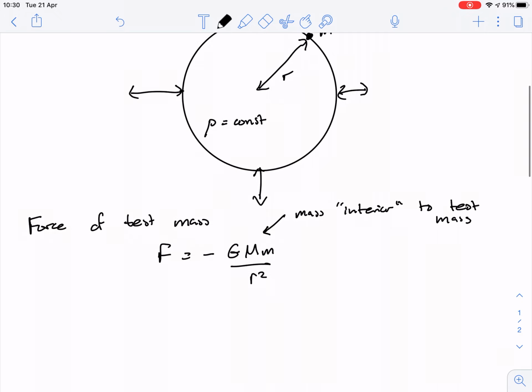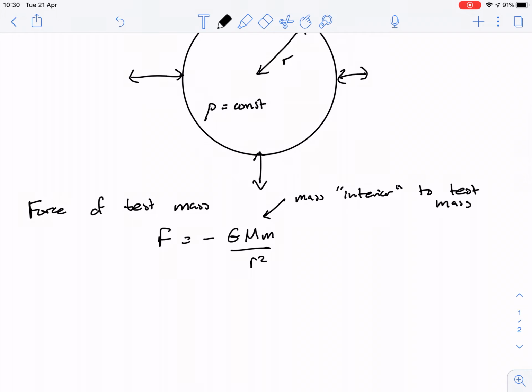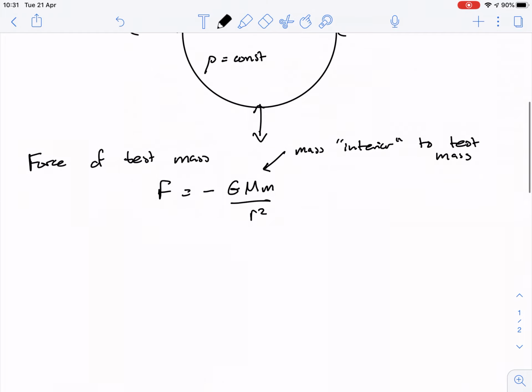Now, that mass interior, we want to express rather than being the mass. What's the mass of the universe is a complicated thing. What's the density of the universe, especially if it's isotropic and homogeneous and the same everywhere, is easier. So the mass M is just equal to the volume, 4/3 pi r cubed, times the density rho.